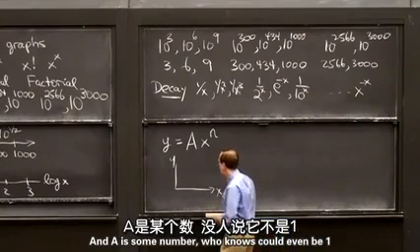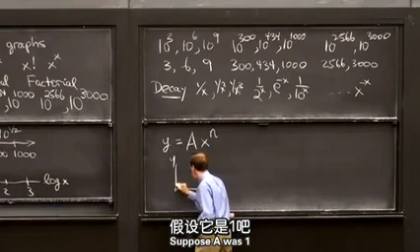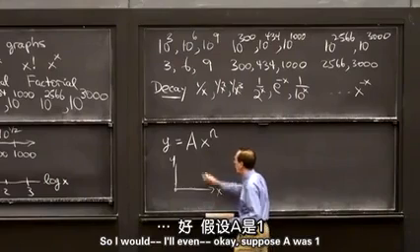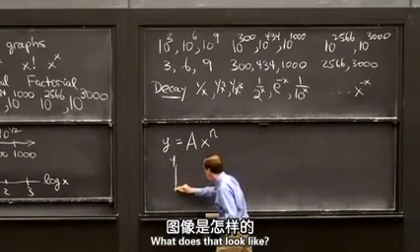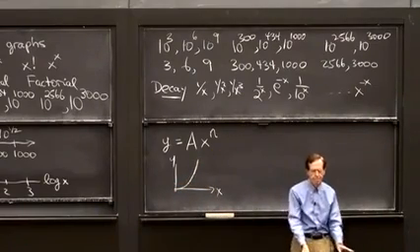And a is some number, who knows, could even be 1. Suppose a was 1. So then I'm graphing y as x to the 1.5. What does that look like? Well, it looks like that.